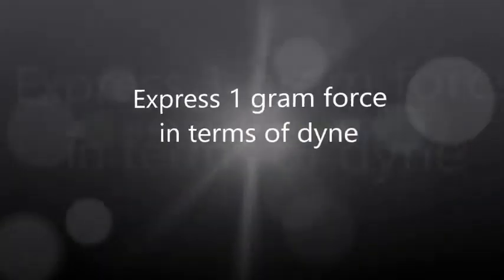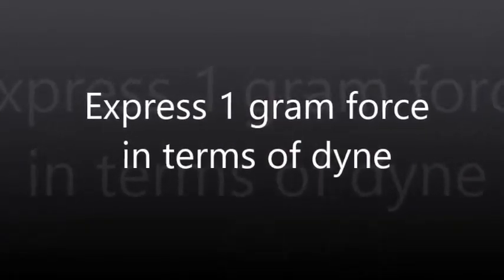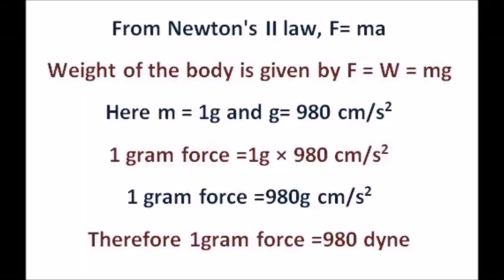Express 1 gram force in terms of dyne. From Newton's second law, F is equal to ma. Weight of the body is given by F is equal to W, which is equal to mg.